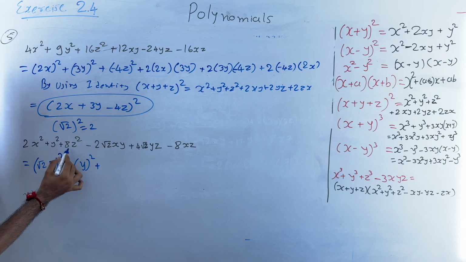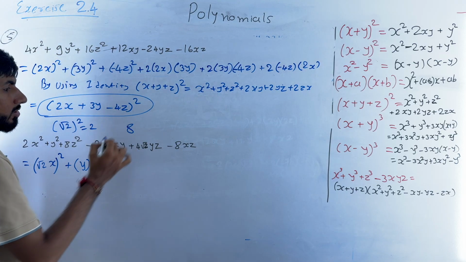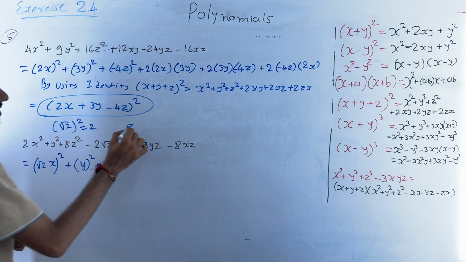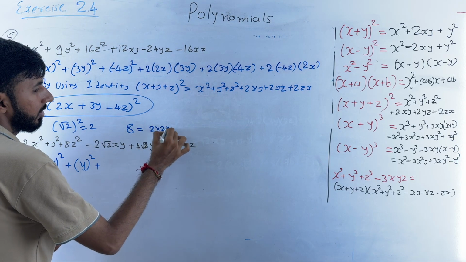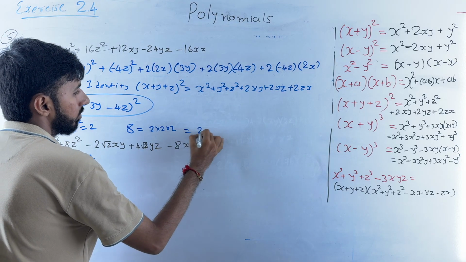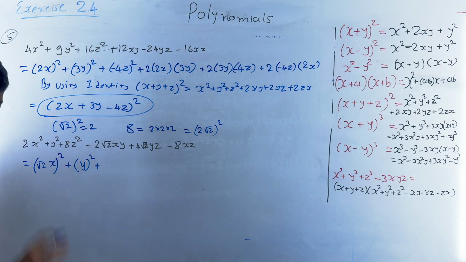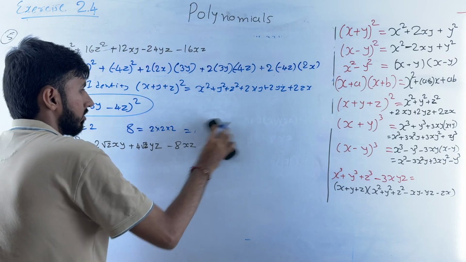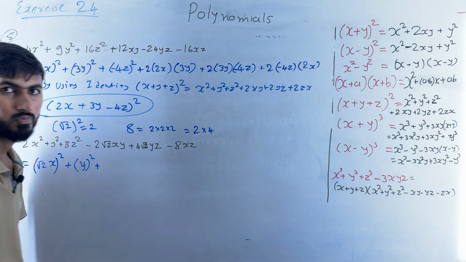Then square of third term. So to convert it in term square, I know 8 is equal to 2 multiply 2 multiply 2, cube of 2, right? You can write 8 is equal to 2 multiply 4 also, right?